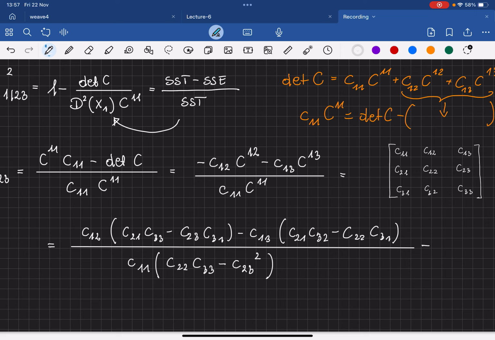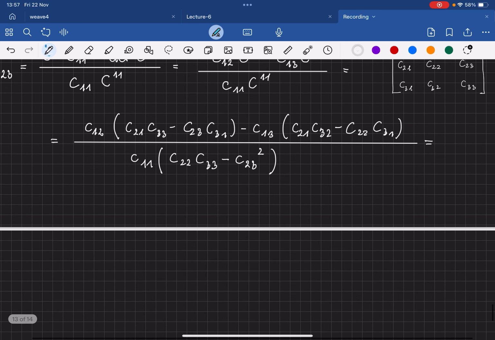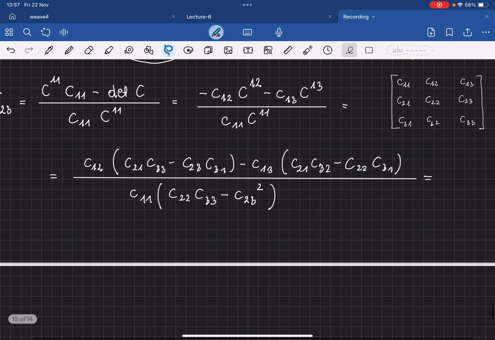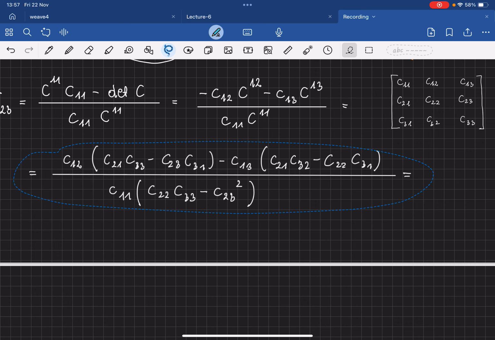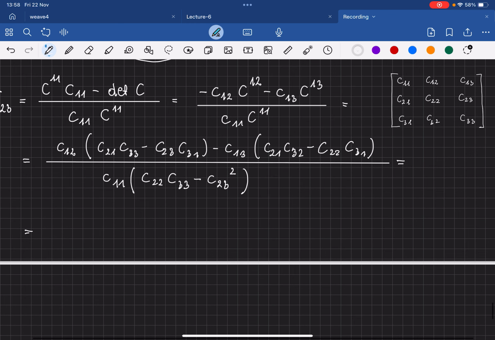Okay, so let us then multiply what we should multiply. Maybe I will move it a little bit higher, and then I can fit it on the same blackboard. So again, C12 and C21, this is the same.